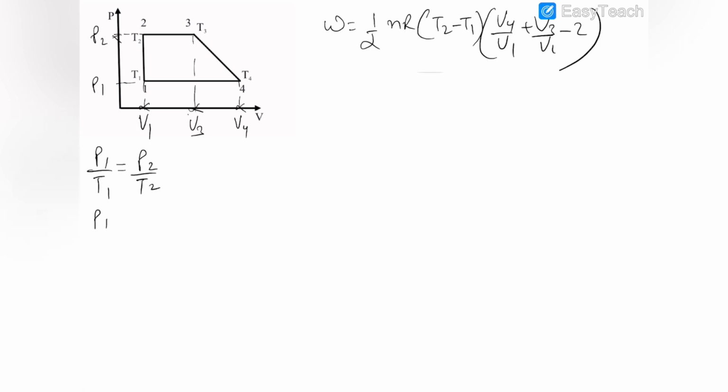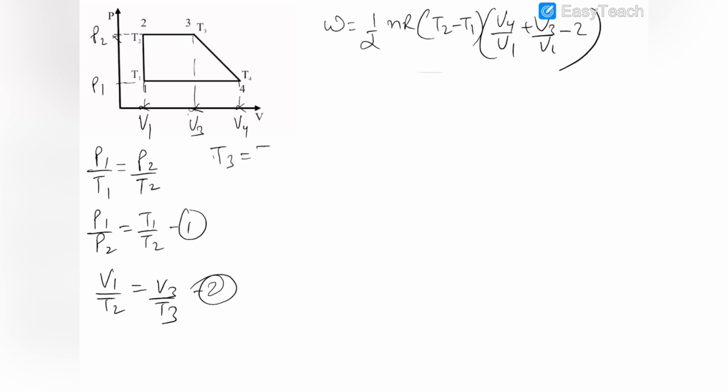So P1 by P2 is equal to T1 by T2. First equation. Now on this line pressure is constant, so we can say that V1 by T2 is equal to V3 by T3. This is the second equation.